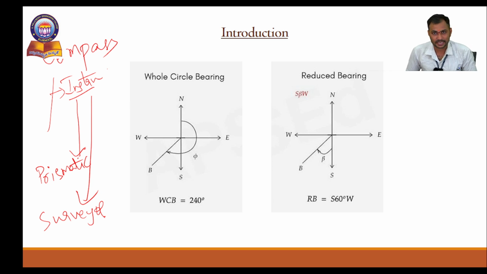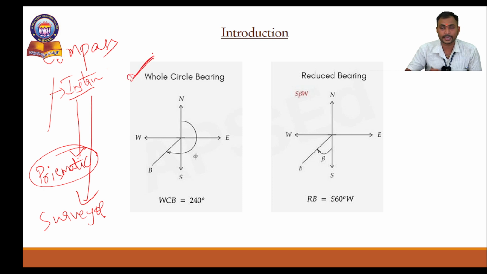When you determine land measurements with a prismatic compass, the readings are taken as whole circle bearing. Bearing presents values such as 90 degrees, 30 degrees, 40 degrees, 60 degrees. Whole circle means the bearing starts from 0 degrees at the north pole direction, and to the east it is 90 degrees.